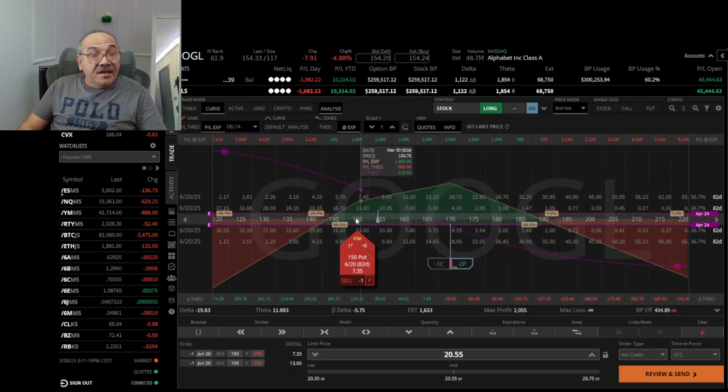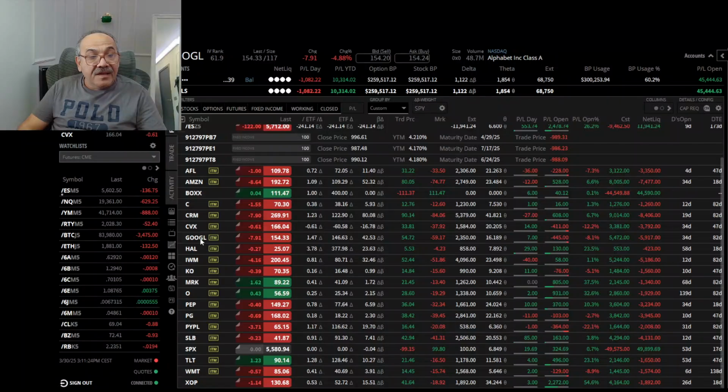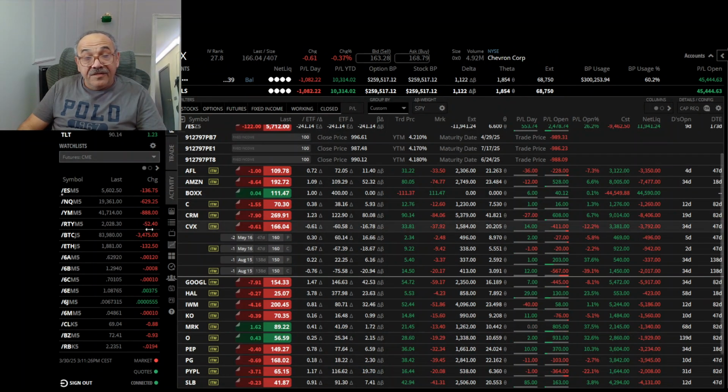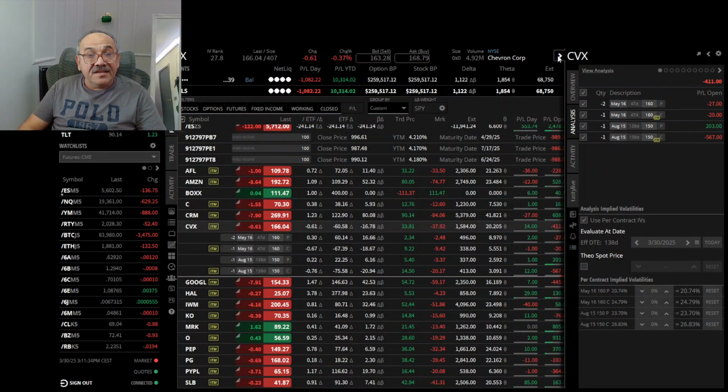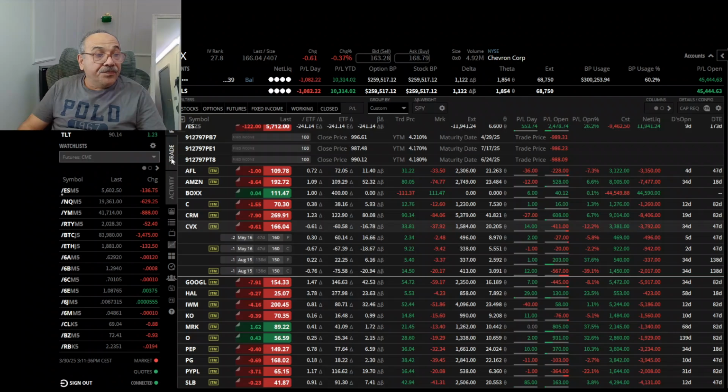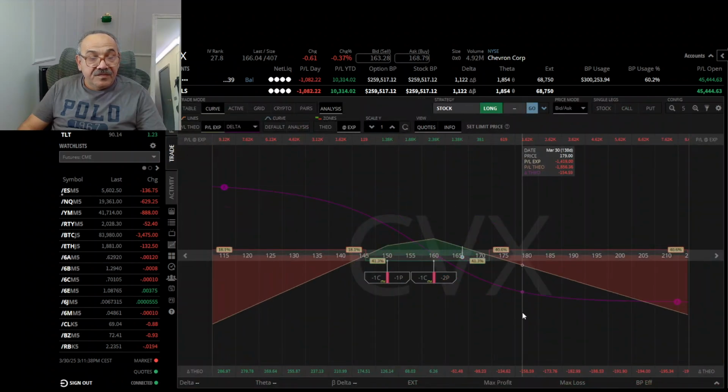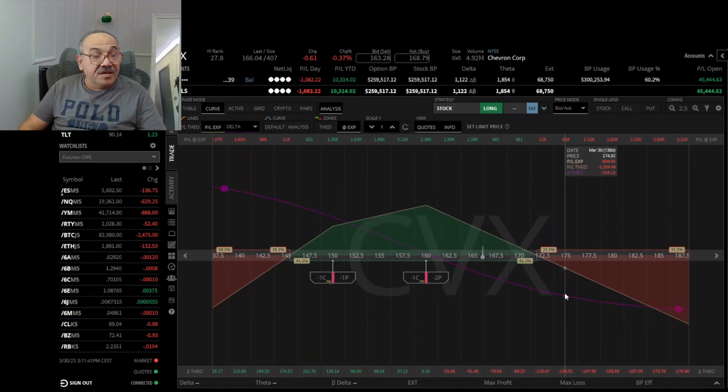Let's see another interesting position which we have trouble from upside. It's CVX. If you see right now our position in CVX, we actually did some adjustment a couple of days ago and increased that upside, but this is where CVX is trading right now, about 166.